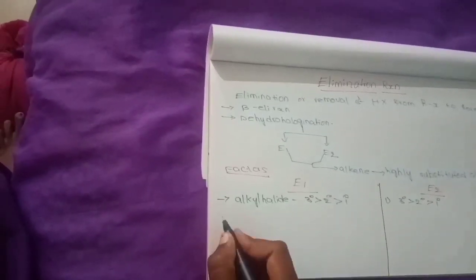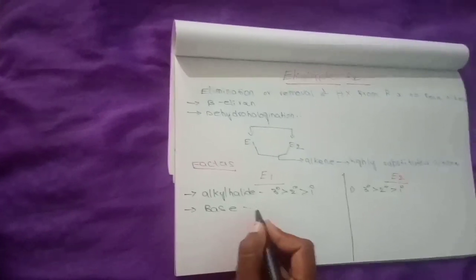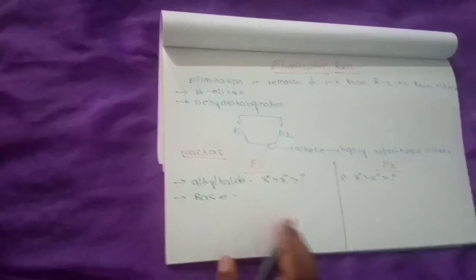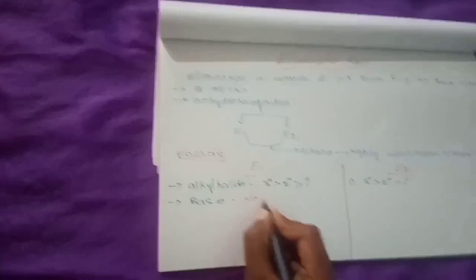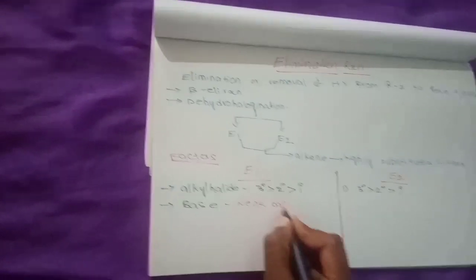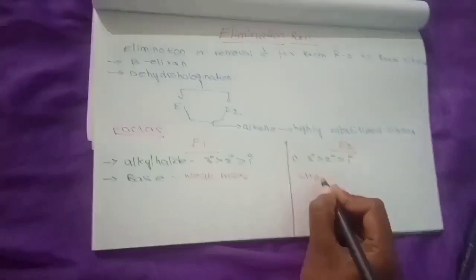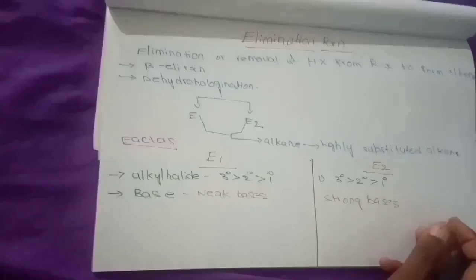Now, bases. What type of bases are helpful for E1 and E2 reactions? For E1 reaction, weak bases are favored. Strong bases favor E2 reaction.